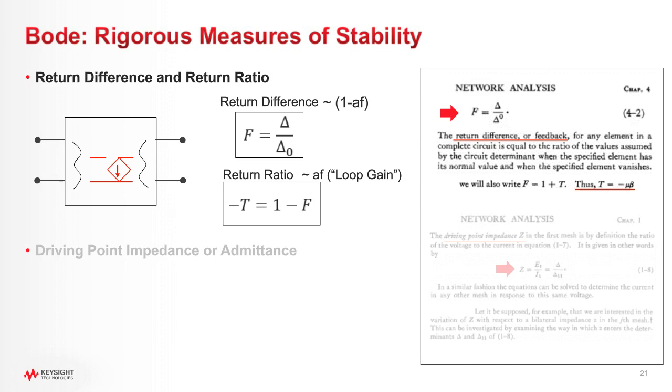So he defined this return difference, which is the transfer function denominator, as the network determinant divided by the same network determinant with the active elements removed from the matrix. And so what does this mean? Well, if you think about Cauchy's principle, and I didn't touch on it too much, we're looking at encirclements that only give us the difference between the right half plane zeros and poles, right?